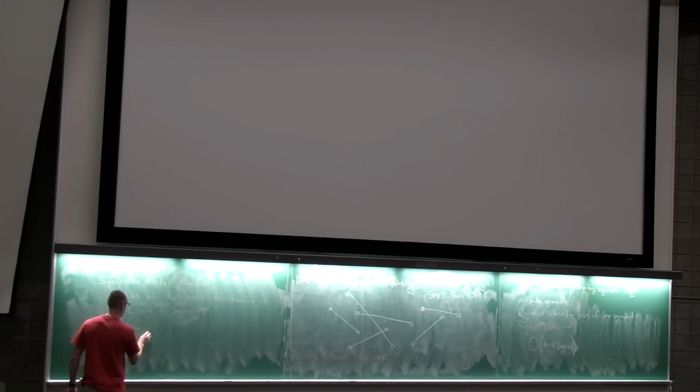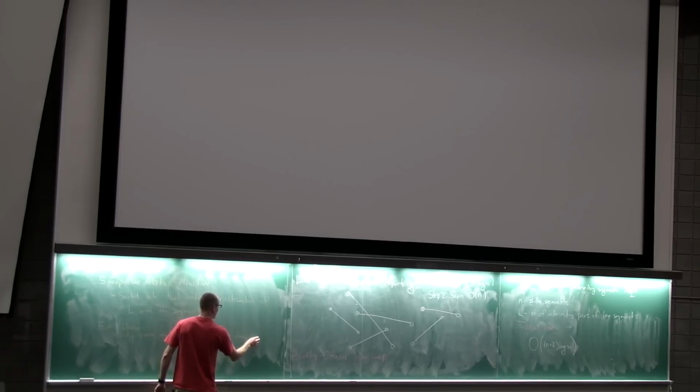We'll also have something called an event queue. This is a priority queue, probably some kind of key, that stores X coordinates where interesting things happen.